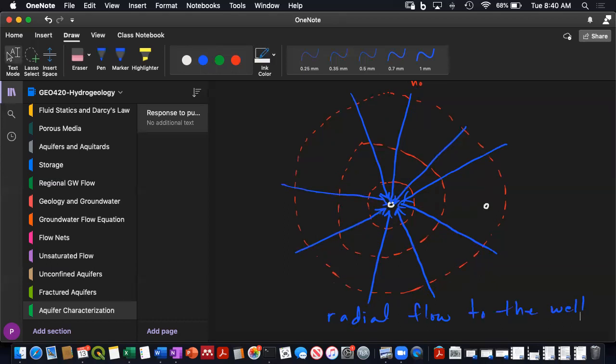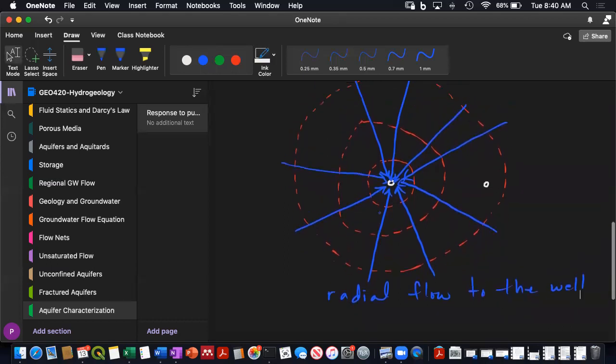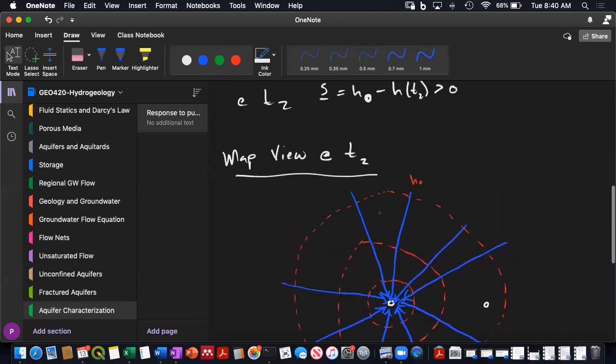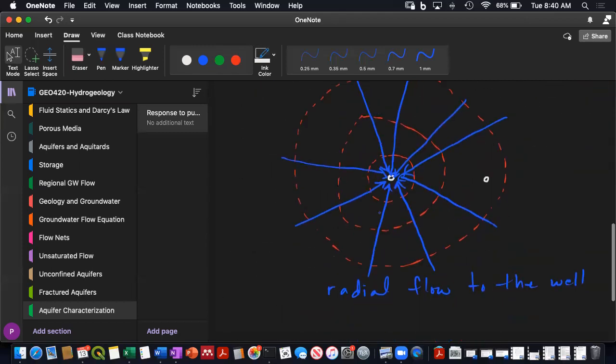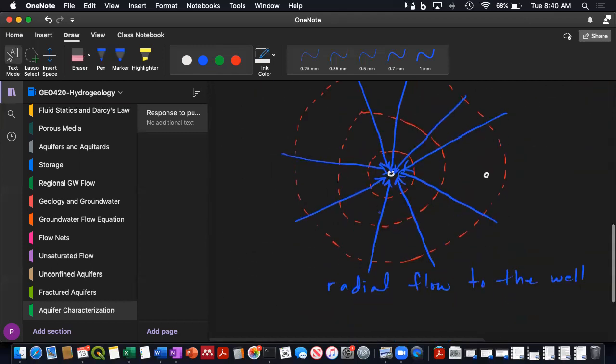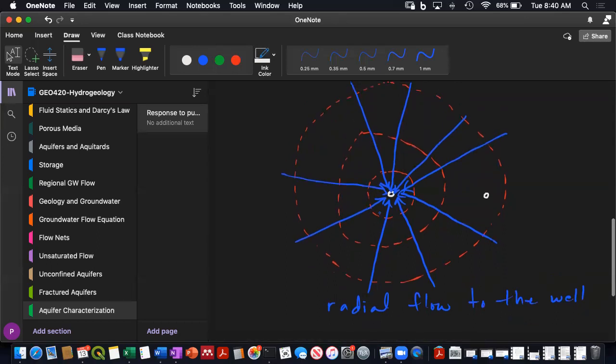All right, so here is the basic idea of pump test characterization. Once we define the boundary value problem that solves the groundwater flow equation for a given pump regime, all right?